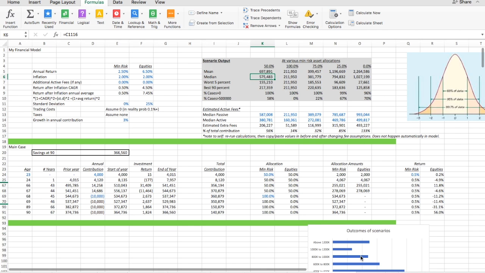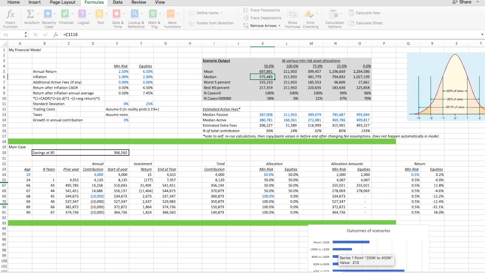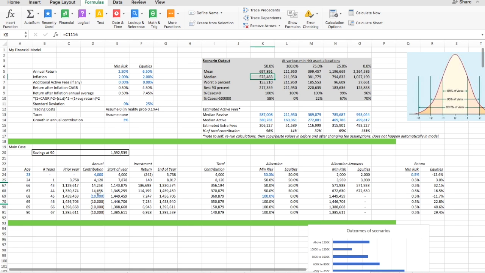There we go, and in this case we're going to call it cash in and outflows like that. That's a little messy, but there you go.